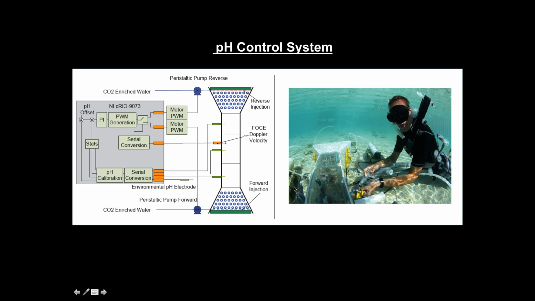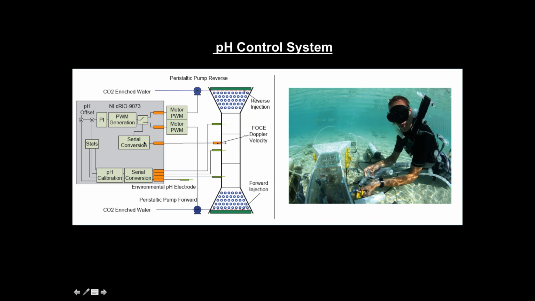And the key sensors for the pH control were actually the pH sensors and the flow. So as I mentioned, the flow would tell us the direction and speed of the flow. So let's say the flow was running from north to south.